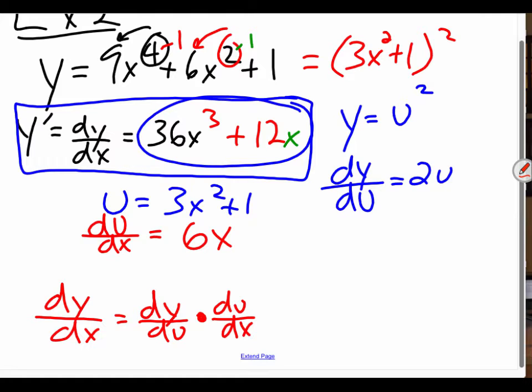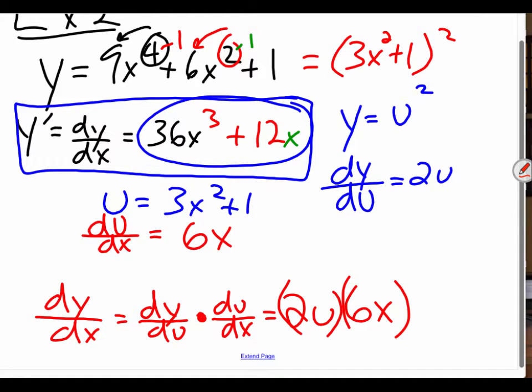So now here's what happens. Let's plug those in. I've got 2 times u, that's my dy du, times 6x. You guys with me so far? But I want a derivative of y with respect to x.